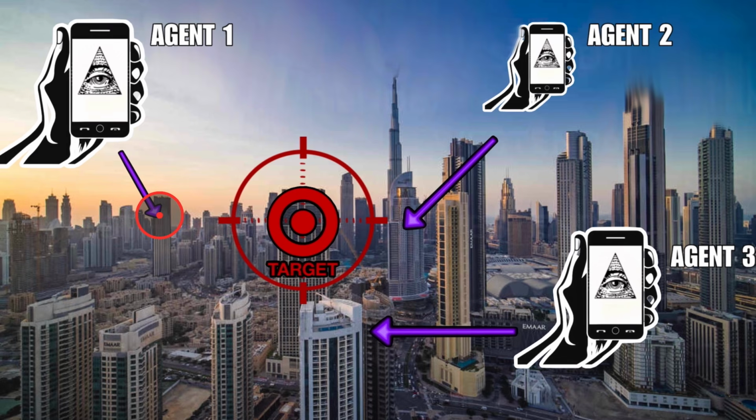So this guy over here, he's going to get the long shot, yeah, the wide angle view shot. This guy here, this agent number 2, he's going to be put in this hotel quite high up, so he can essentially film kind of at the same eye level as this explosion. Agent number 3, he's going to be in this hotel, but he's going to be on the ground floor filming upwards. Yeah? So you've got that angle, that angle, and that angle.